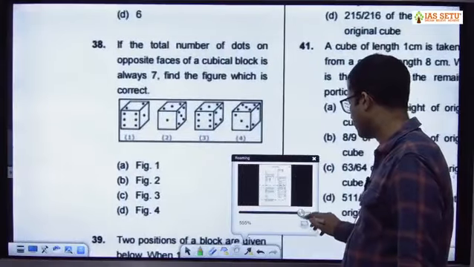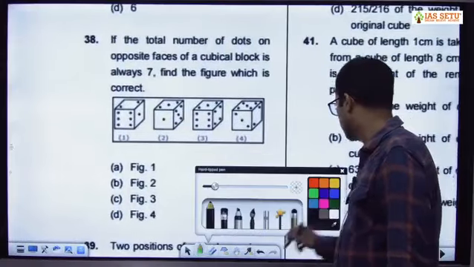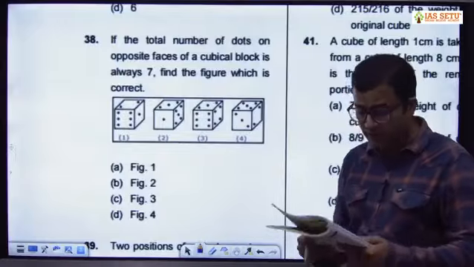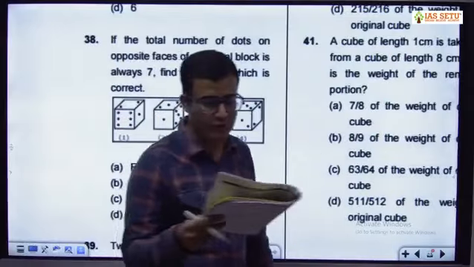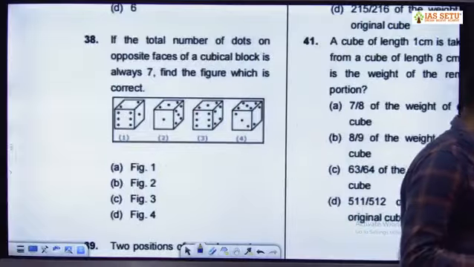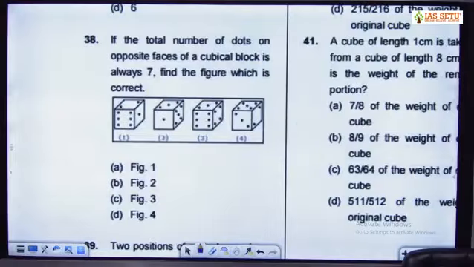It is not difficult. Question number 38 here is, if the total number of dots on opposite faces of a cubical block is always 7. So what is the meaning of this? Total number of dots on opposite faces of a cubical block is always 7.